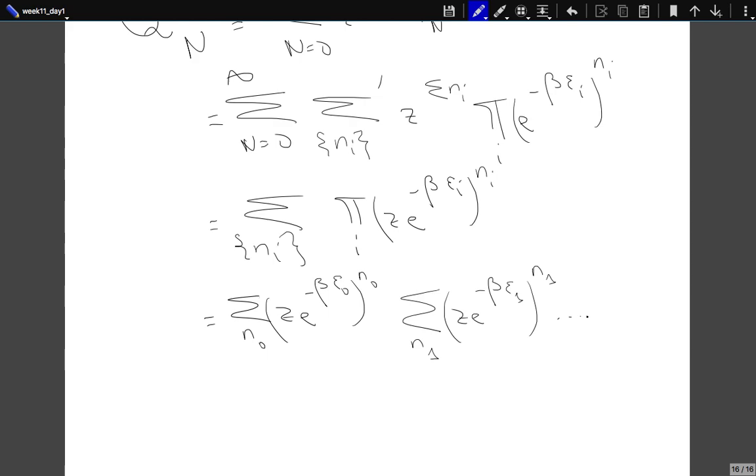I have multiple sums over there. I can imagine summing over n_0 to be the innermost sum. But the sum over n_0 of z times e to the power minus beta epsilon_0 n_0 is independent of the other sums, so I can just factor it out of the sum. Then I can repeat it for n_1, for n_2, etc. The sum over n_1 is independent of the other sums, so I just factor it out of the remaining sums, and so on. At the end of the day, I just get the product of sums.